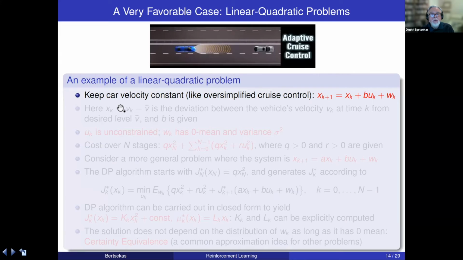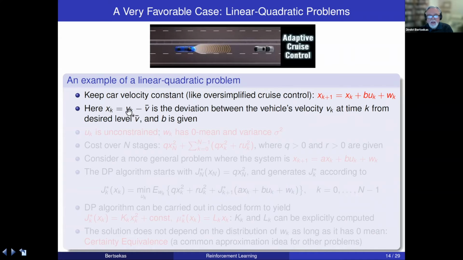As an example, let's look at a cruise control problem where you have a car and you want to keep its velocity constant to some set point. Now, the system equation associated with that is linear, like so. And x_k is the current velocity at stage k minus v bar, which is the desired level.